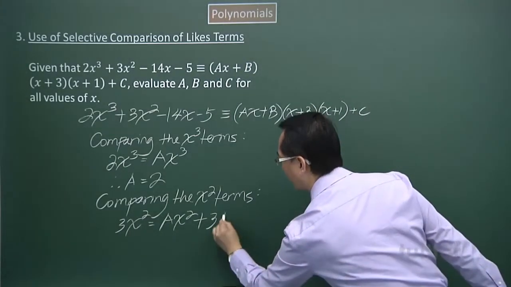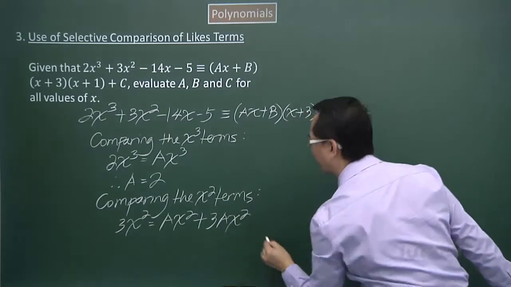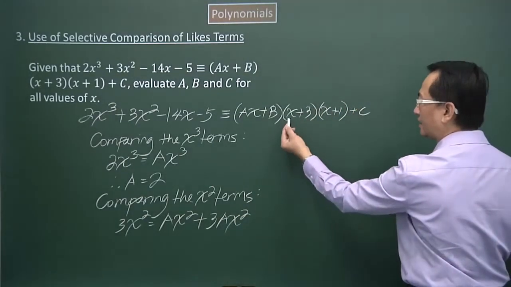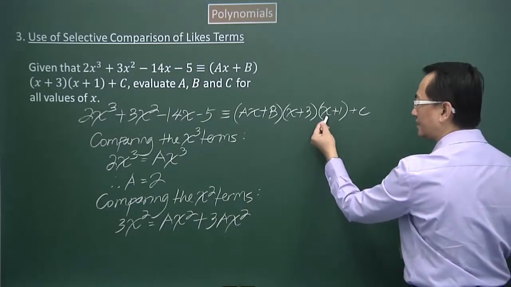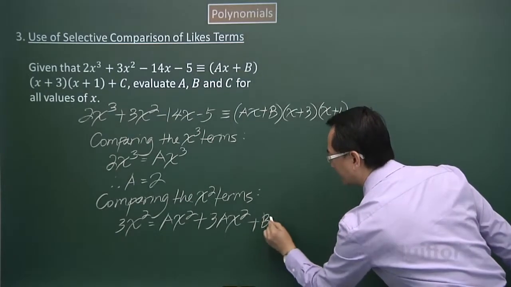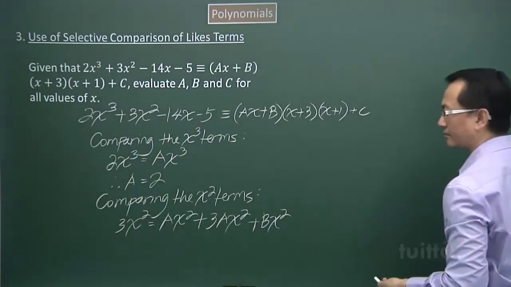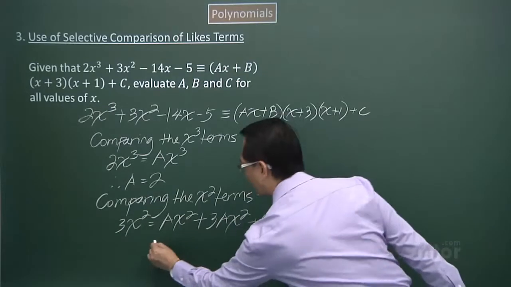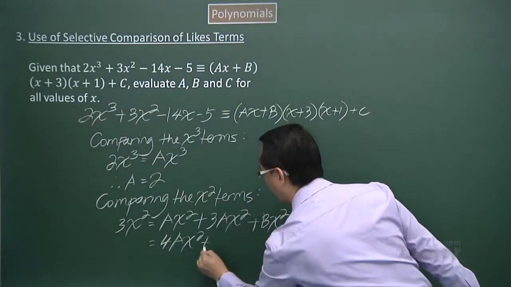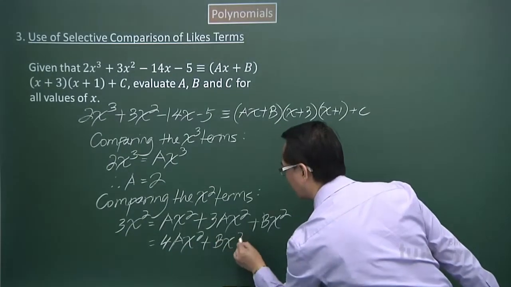So that will give me 3ax squared. Then if I'm looking at x times x here, then it has to multiply to the b. So bx squared. So adding these two up, I have 4ax squared plus bx squared.